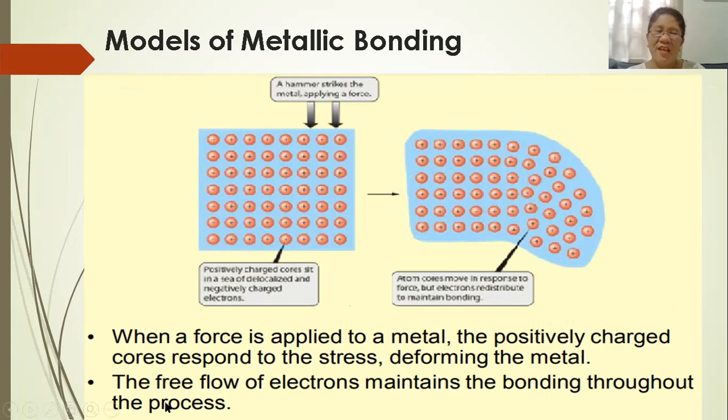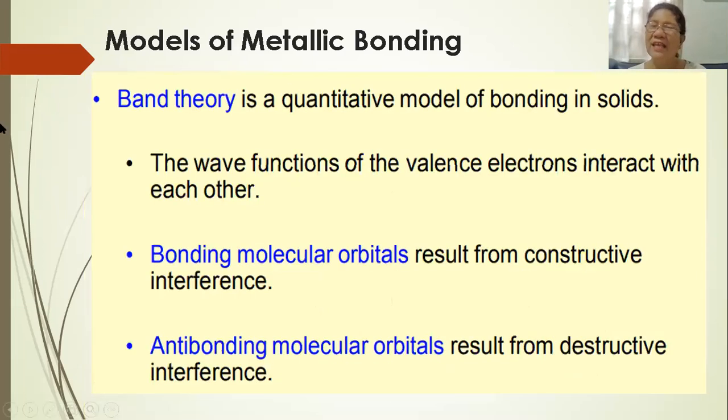Why? The free flow of electrons maintains the bonding throughout the process. That is why it could be flattened, because the sea of electrons will just move freely and be delocalized. That is metallic bonding in metals.